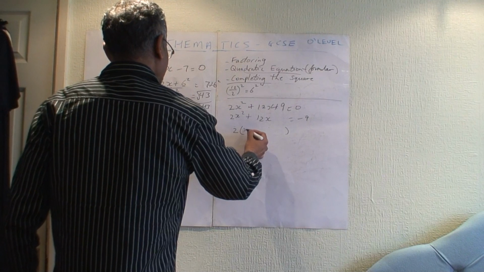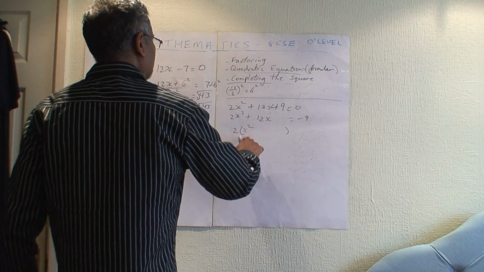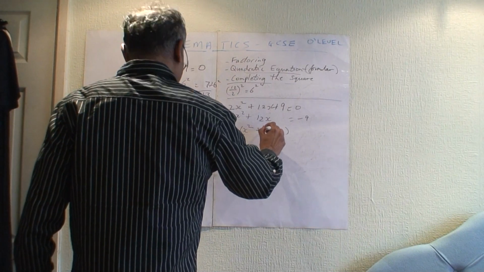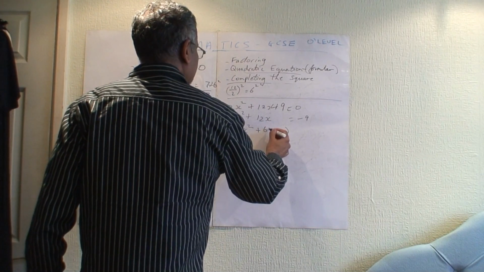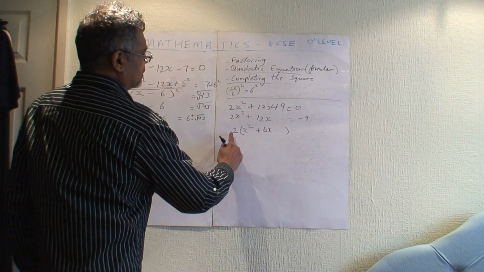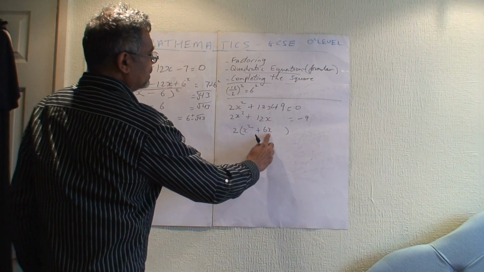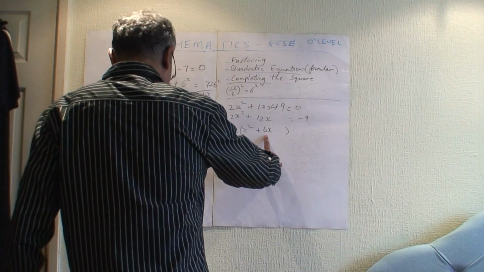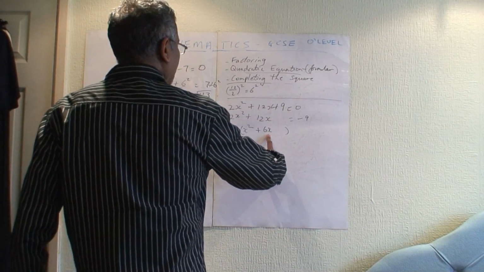So that will be x squared plus 6x. We got this equals 2 multiplied by 6x is 12x. So we have to put the 6x there.